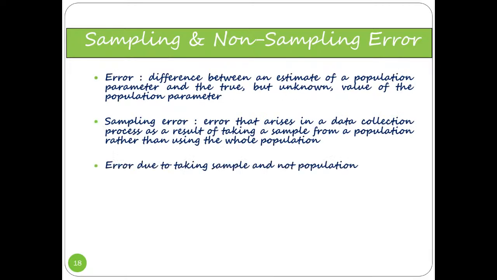Coming to a very important aspect: sampling techniques, experimental designs, all these techniques come with error. That's the reason we say statistics. We don't go with mathematics. Statistics and mathematics both deal with numbers, but they deal with numbers in their own way.